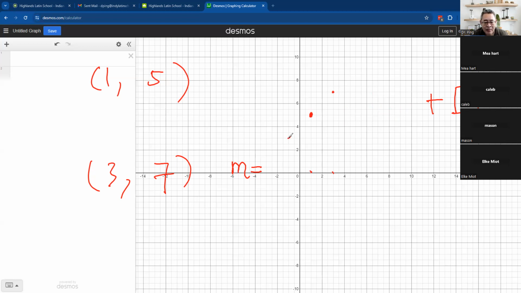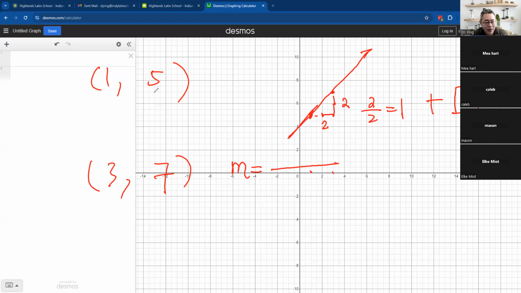So if you connect them, from this point to this point, if you make a right triangle, we see that the run is 2 and the rise is also 2. So rise over run is 1. So the slope is 1.